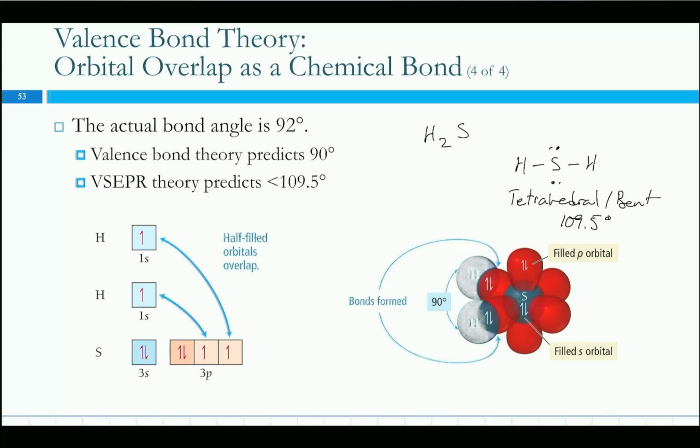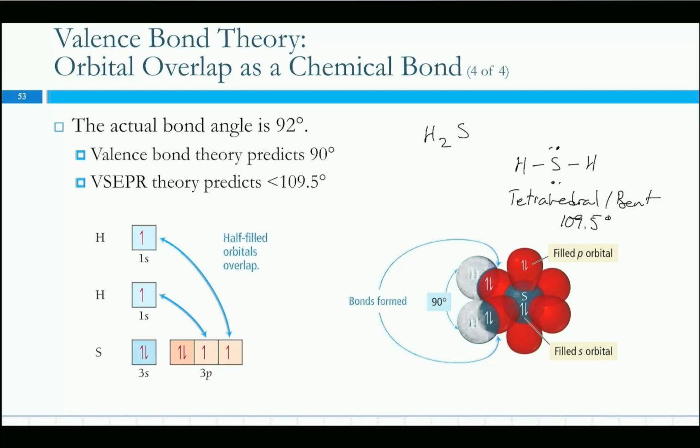So you go and measure it, and it's, oh, that fell apart. And it's not just that these lone pairs are somehow stronger and pushing the hydrogens even closer together. What's happening instead is that each of the hydrogens has one half-filled orbital, and the sulfur has 2 half-filled orbitals. And they're p orbitals.